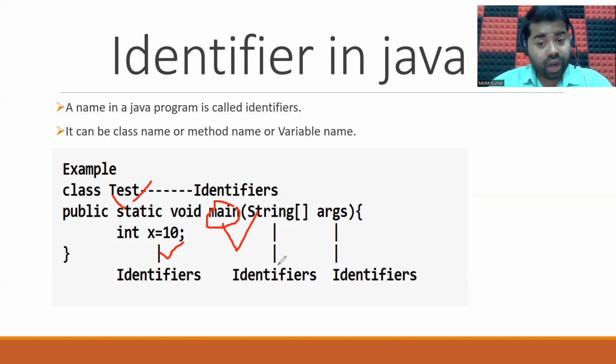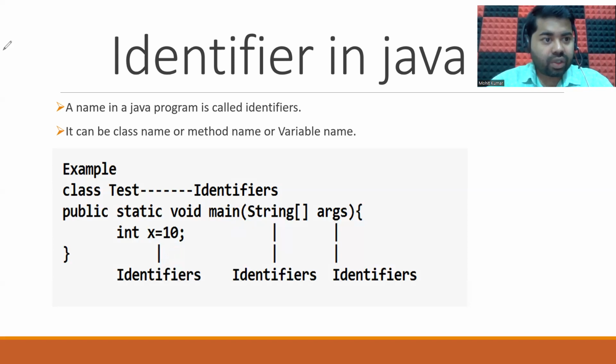So this is also called identifier, and args is your variable, and this is also called identifier. Hope you are able to understand. So in your Java file, if you have any class name, method name and variable name, those are called identifiers. Okay, so one second, let me clear all this.